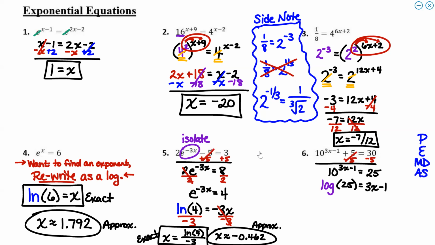What are we looking for on number 9? What do I want to find? I'll help you get it. What are we looking for on number 9? X. Where is x? In the exponents. On which side? Both sides. Okay, so I would say to do what?